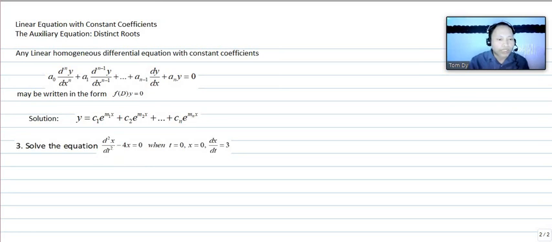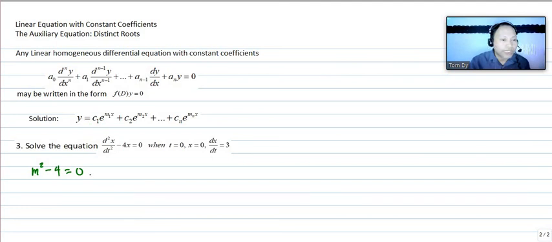Now, when we write the auxiliary equation, then this is equivalent to m squared minus 4, which is equivalent to 0.